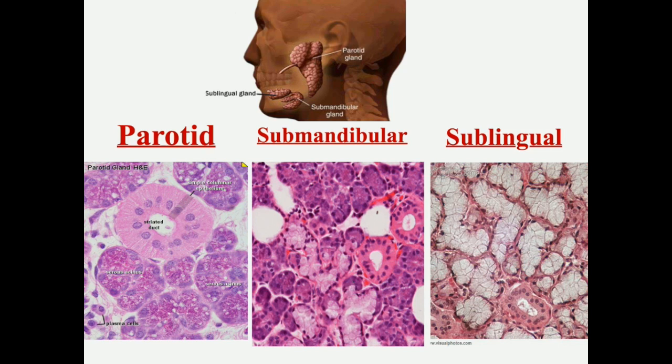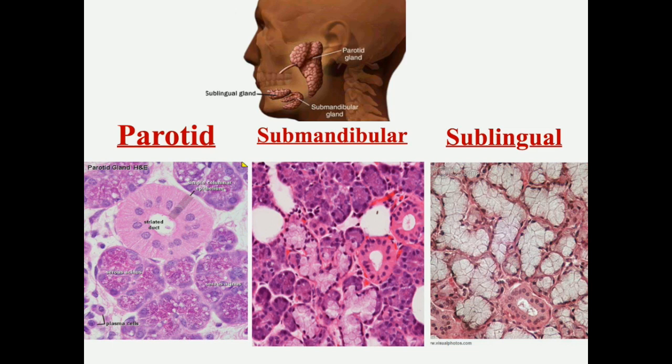And here it is mostly mucus acini with some mixed acini in the form of mucoserous acini. This is the sublingual gland. So the main type here is mucus, the main type here is serous, and the main type here is serous with the presence of mucoserous acini to a lesser extent.